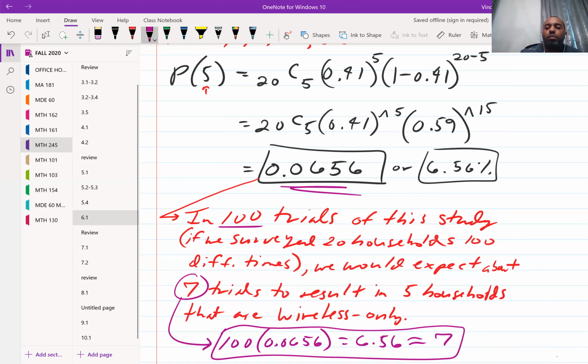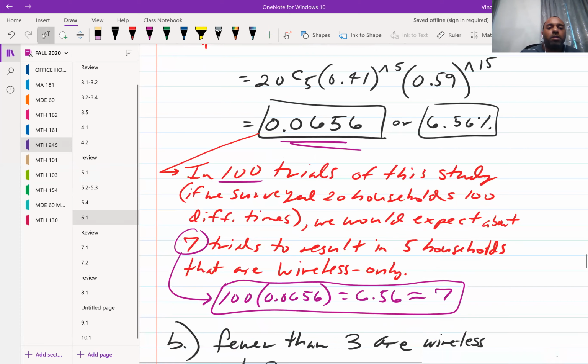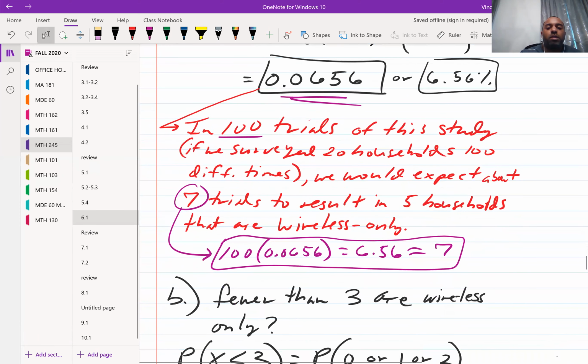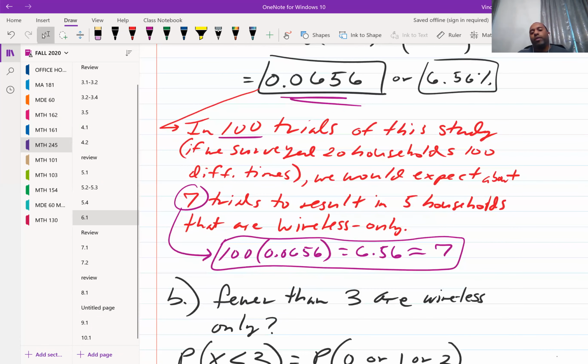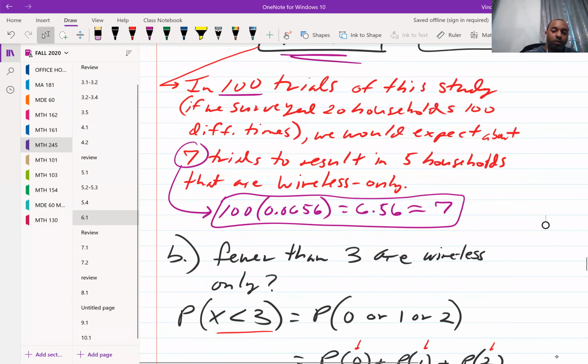All right, can we go to B? Is anybody still copying? All right. So B is fewer than 3 are wireless only. So when you choose 20 households, what's the probability of getting fewer than 3 that are wireless only? Fewer than 3 means 0, 1, or 2.